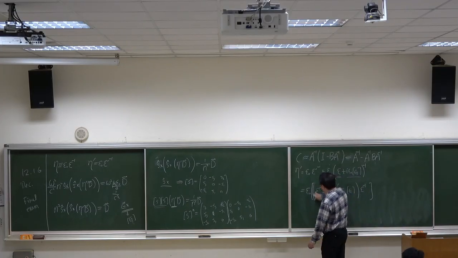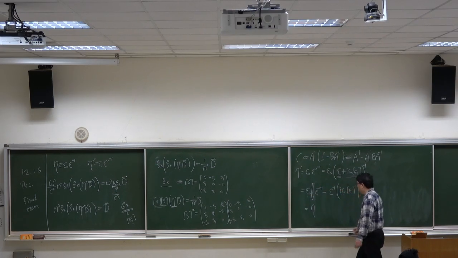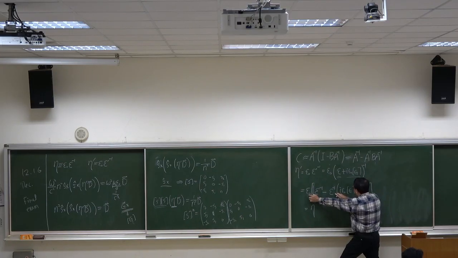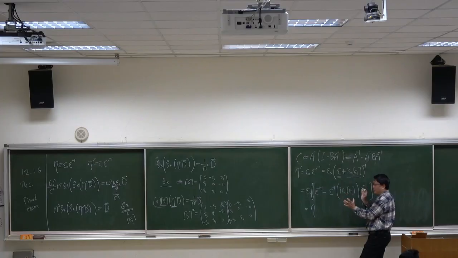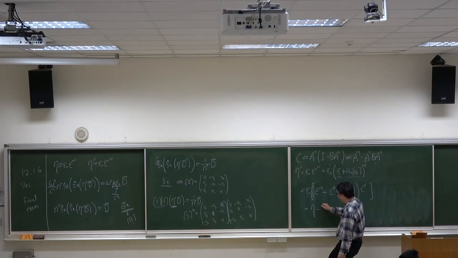And epsilon 0 times epsilon inverse gives us eta. So we have eta minus i eta G eta.